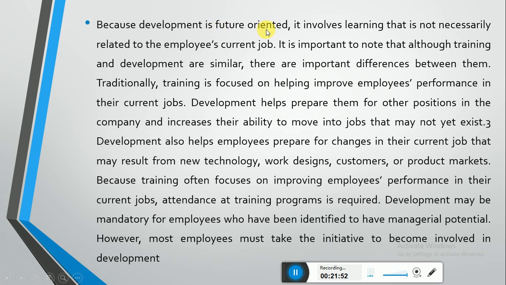As I said, development is most of the time future oriented. Training is about performance. It helps employees to perform better in their current job. Development also prepares them for the next position and increases their ability. There are many differences as well.